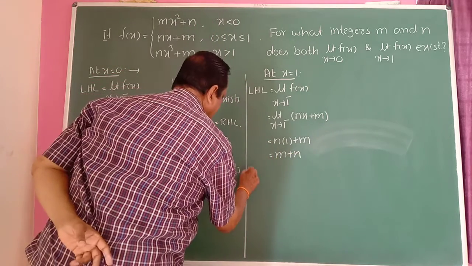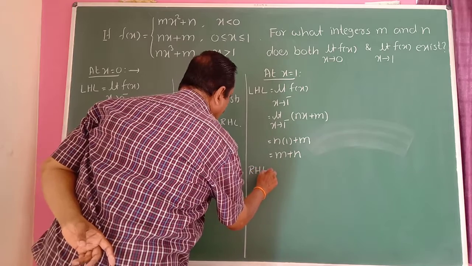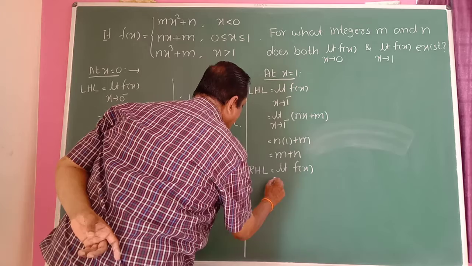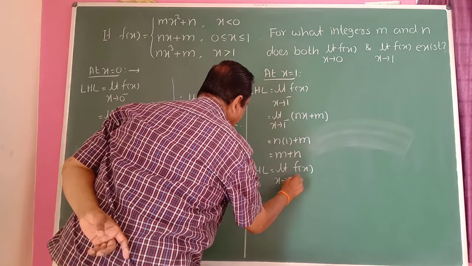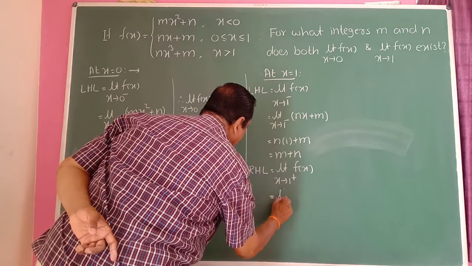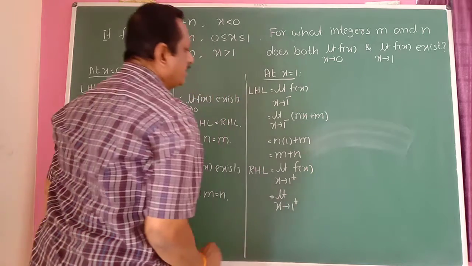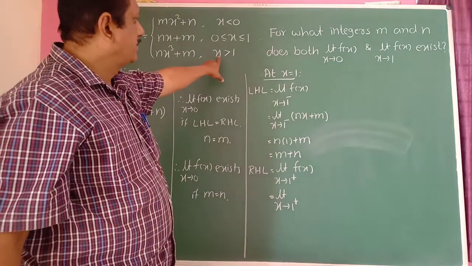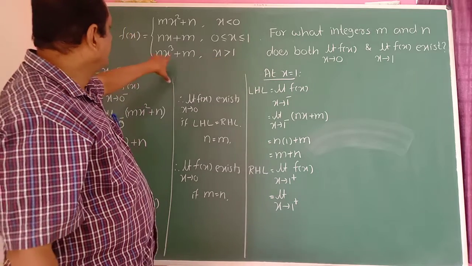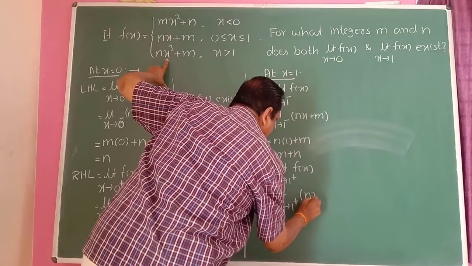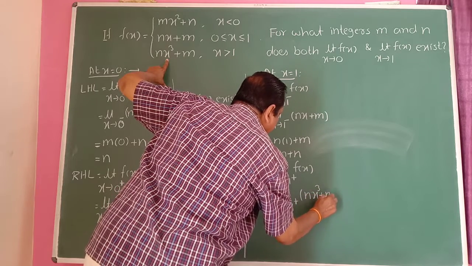Then RHL, limit of f of x as x tending to 1 plus, x greater than 1. So just look at x greater than 1, the function is nx cube plus m.